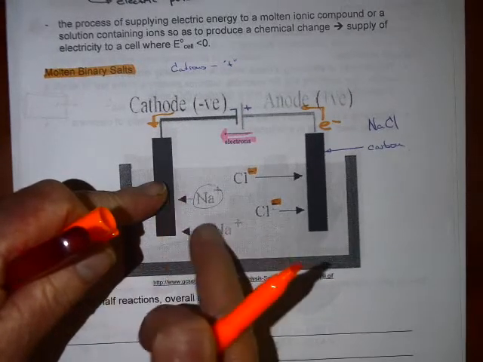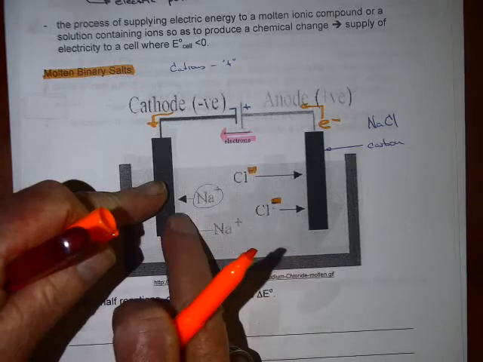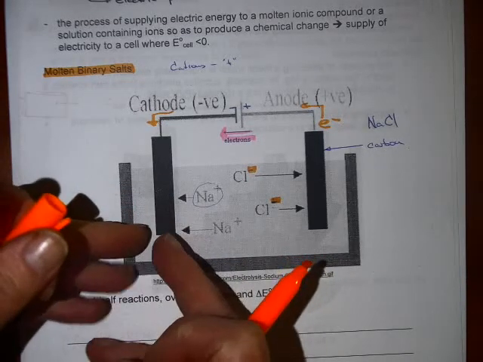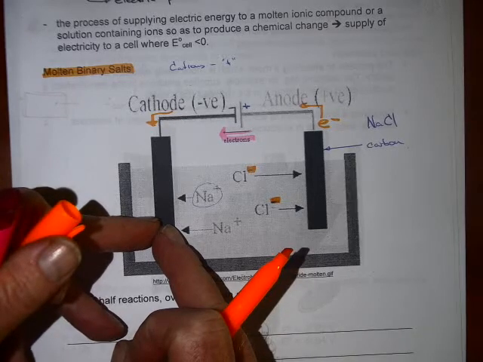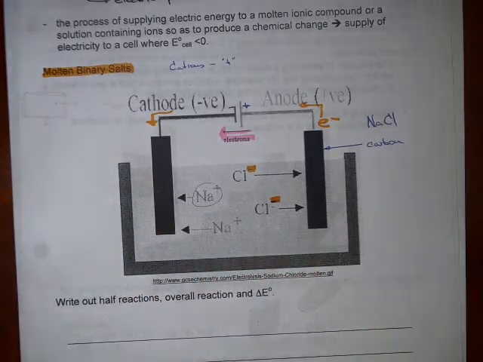The sodium ions, positive sodium ions, will be attracted to it, they will accept their electrons and become neutral sodium. So basically, what we're doing here is we're taking molten sodium chloride and we're breaking it up into sodium and chloride ions.